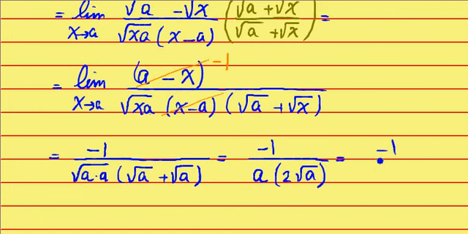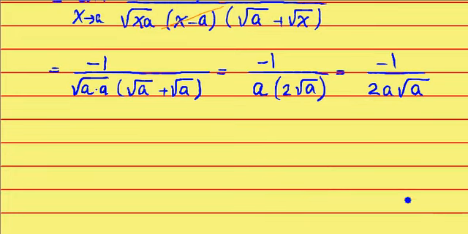Civilized way of writing this is to move 2 up front: minus 1 over 2a radical a. Still other ways of writing this. I can combine this. Minus 1 over 2. What fractional exponent can I use? This a times radical a could be written as a to the power of 1 times a to the power of 1/2.